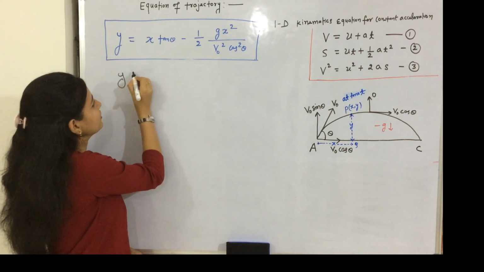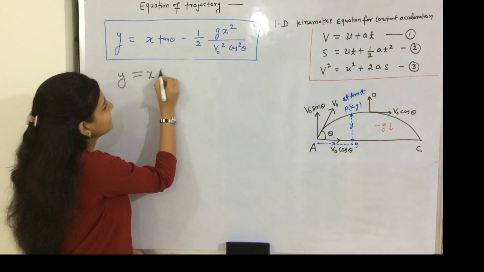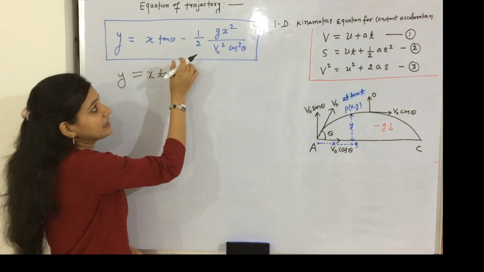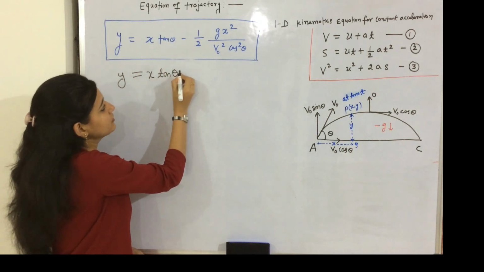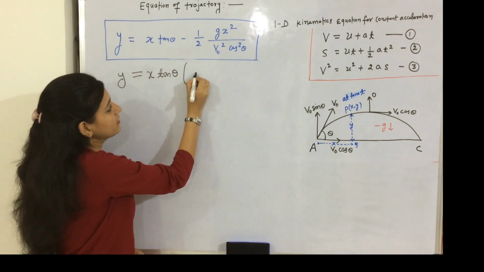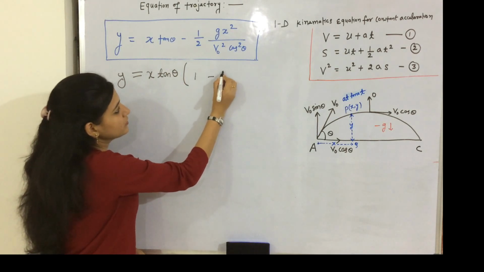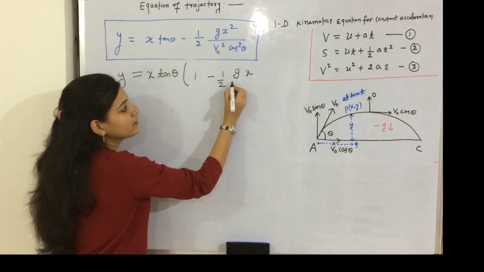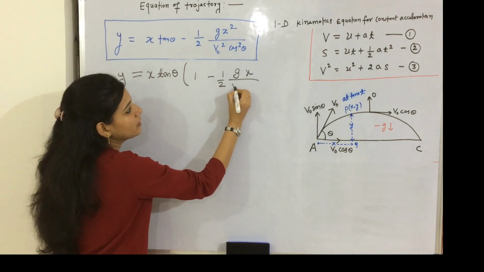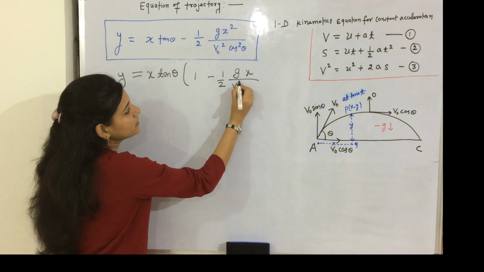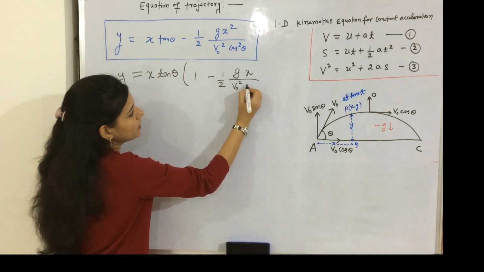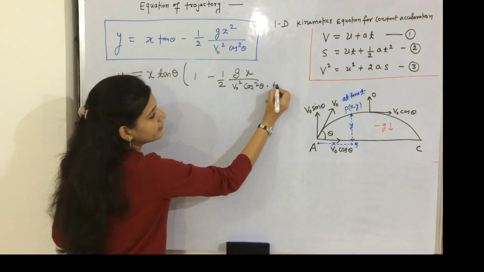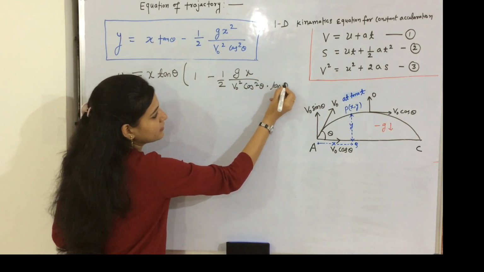So y equals, we will take x tan theta as common. So x tan theta times 1 minus 1 by 2, g x by v naught square cos square theta times tan theta.